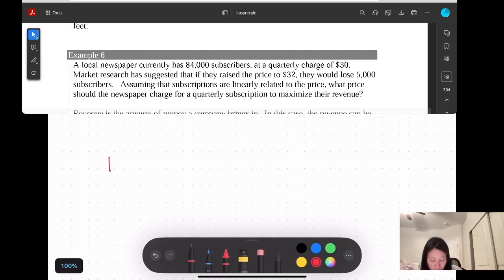So the revenue is equal to what? Think about that. Revenue equals the number of subscribers times their quarterly charge, right?